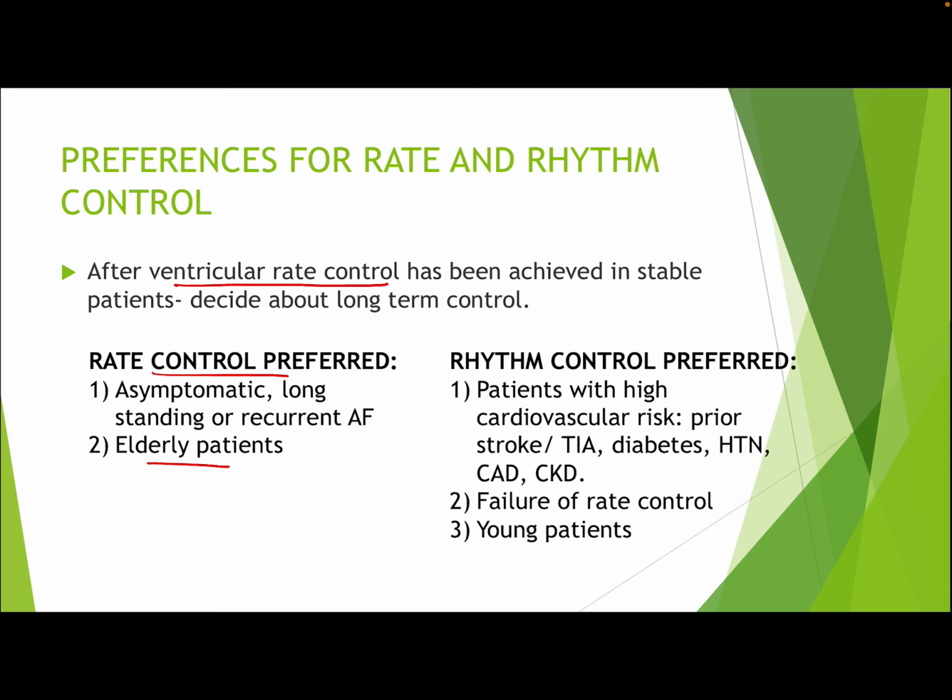The cases where rhythm control is preferred are patients with a high cardiovascular risk like prior stroke or TIA, diabetes, hypertension, coronary artery disease, CKD, patients who have failed on rate control strategy, and young patients. So these are the people who we prefer a rhythm control strategy for.